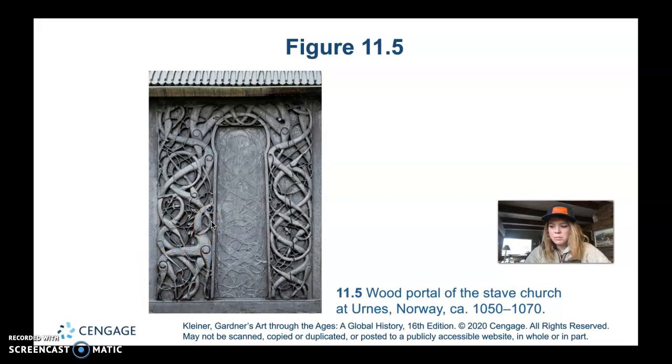It bites and is bitten by one of the serpentine animals that is writhing. It exemplifies the intertwining compositions favored by the non-Romans north of the Alps before their conversion to Christianity. And obviously this was after their conversion to Christianity, but we still have the influences of the Viking artistic tradition here, which is the intertwining animal forms.